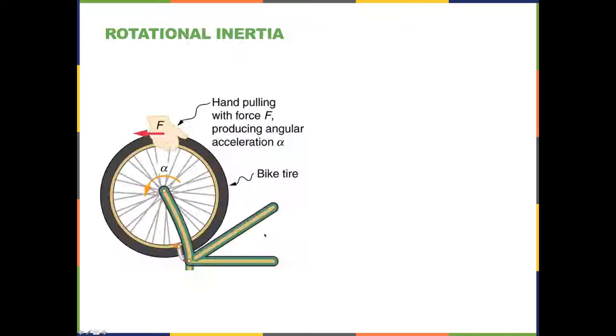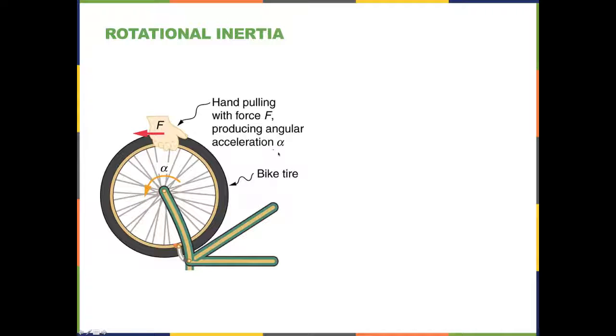Now let's take a look at work and force applied to a rotational situation. Let's first take a look at force, then we'll take a look at work. Here we have a force applied to a wheel and producing an angular acceleration.